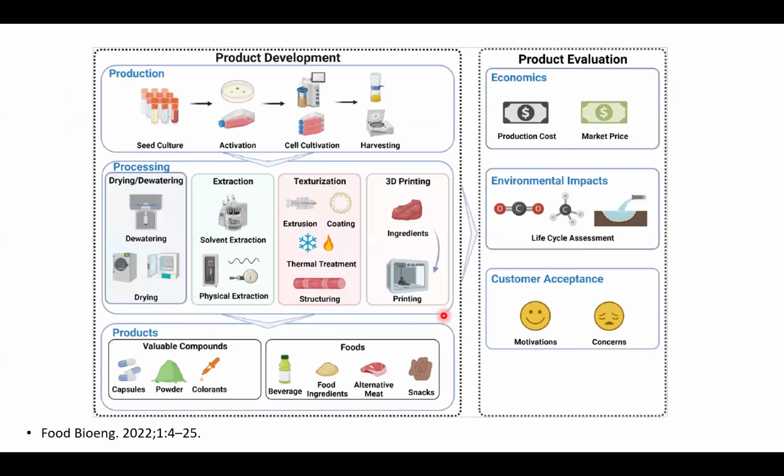If we look at the production stages of these cell-based proteins, they can have a lot of stages. Among them is cultivation, of course, and how to go from seed culture to activation, then cell cultivation, and then harvesting.